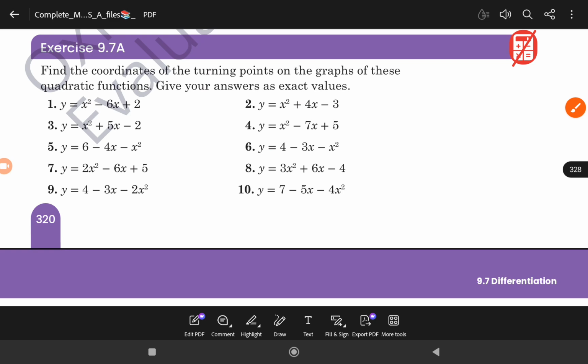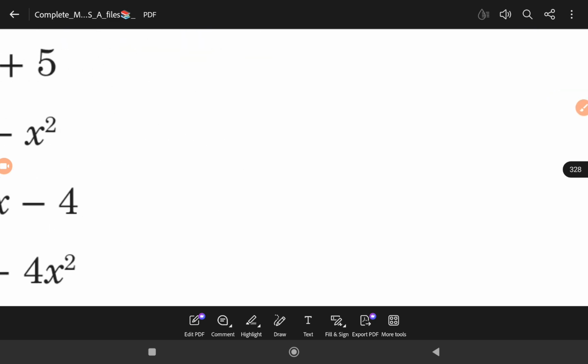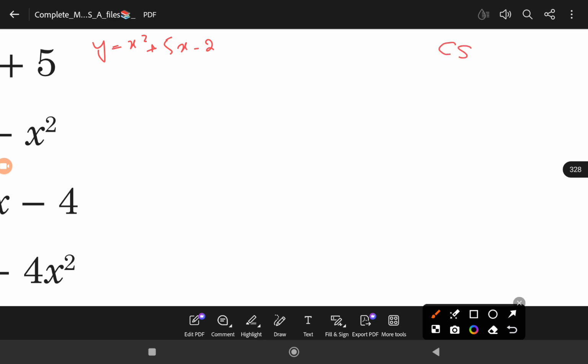The equation of question number 3 is y equals x square plus 5x minus 2. You can see that there is no number and there is no negative sign with x square, so we can easily apply the completing square method on this equation.